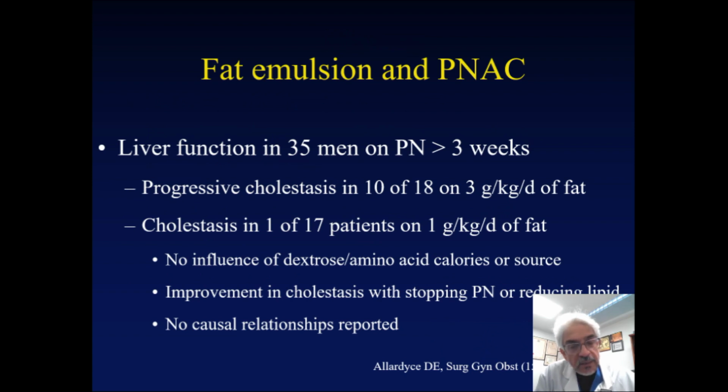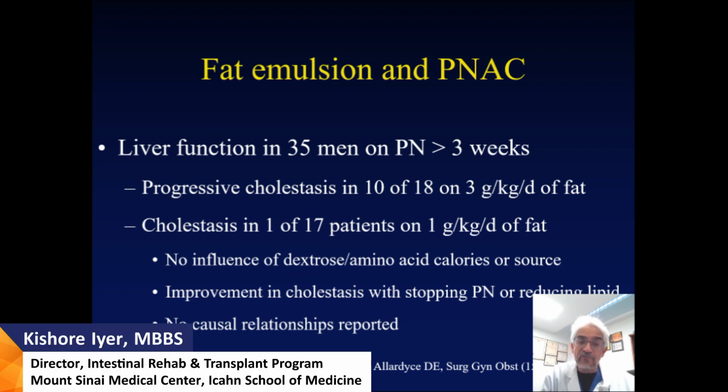The first clinical series of patients that described a relation between fat emulsion injection and parenteral nutrition-associated cholestasis came from Allardyce in the now defunct journal Surgery, Gynecology and Obstetrics, I guess now rebranded as the World Journal of Surgery. Allardyce reported on 35 men receiving PN for more than 3 weeks. He showed that there was progressive cholestasis in 10 of the 18 men receiving 3 grams per kilo per day of fat.